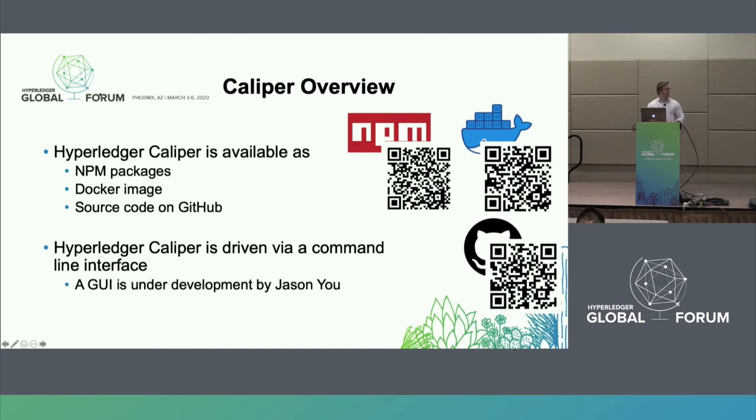Okay, where can we get this? Hyperledger Caliper is available as NPM packages and Docker images, or if you want to, you can just go grab the source code from GitHub. Don't worry if you want the latest and greatest, the most recent unstable source code. We actually publish on NPM and Docker for every merge.